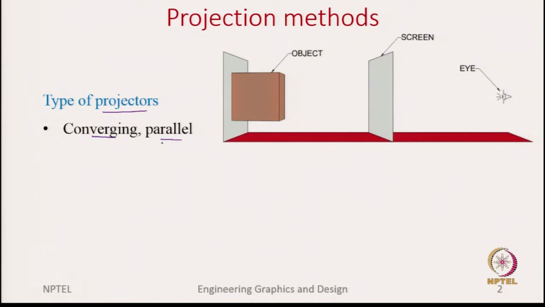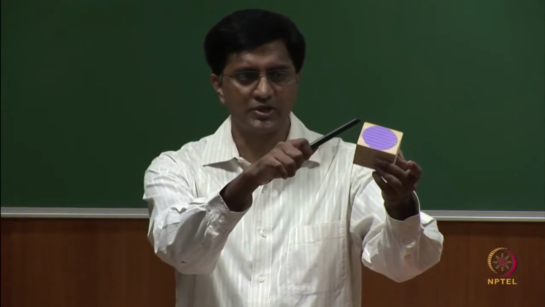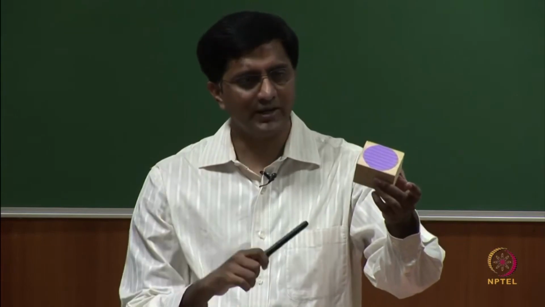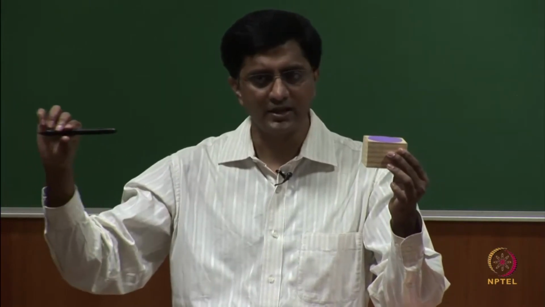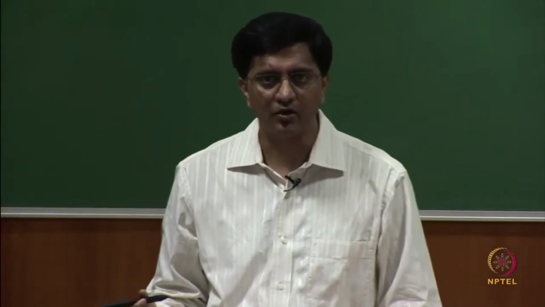Let us say the observer is close to the object, then these projection lines all converge into the observer's eye. But let us say now the observer is looking from a very far distance, then all the projection lines are parallel to each other. So, this is one category of projections.